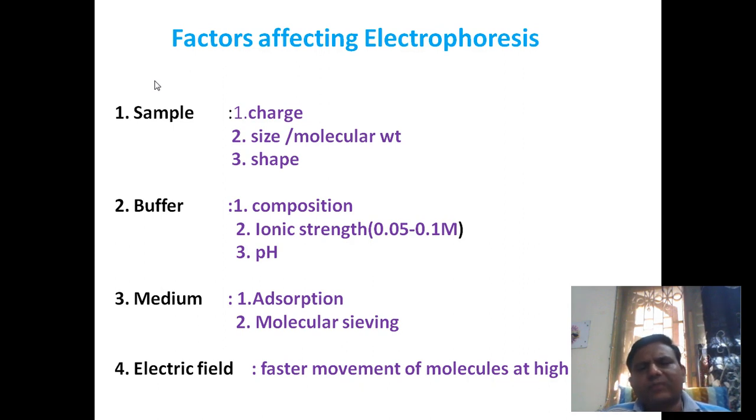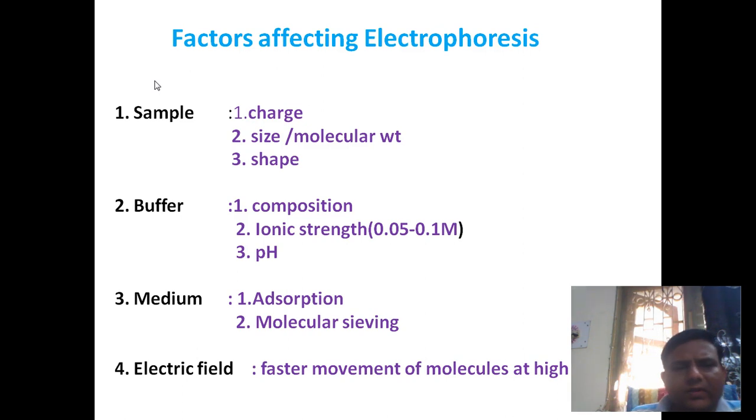So we can use different types of buffer systems. For example, in agar gel electrophoresis we routinely use the TAE buffer. For the separation of mRNA we use TBE buffer.